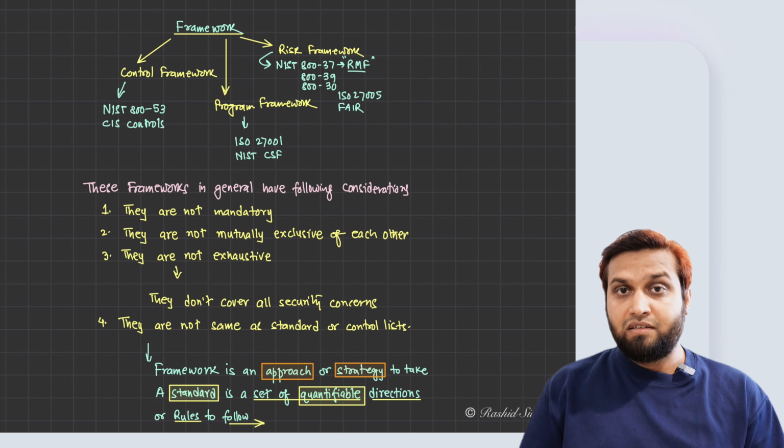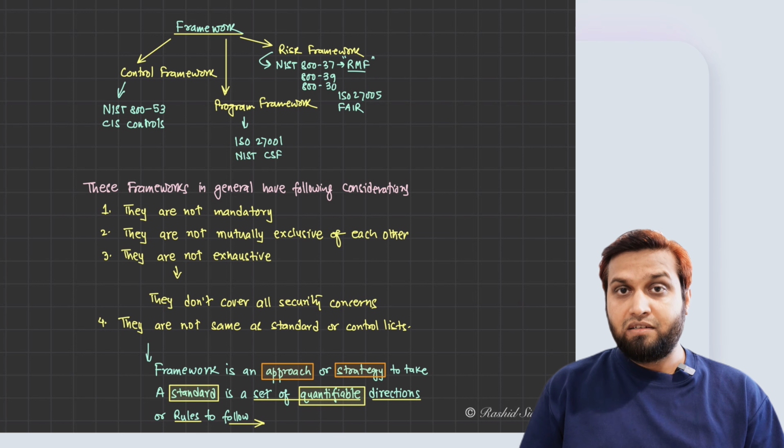Then you have something called a program framework. A program framework is basically a methodology to adopt to achieve your security goals, right? For example, you have the ISO program, and then you have the Cybersecurity Framework, the very famous framework which talks about how to implement a security program in an organization to achieve certain security objectives.